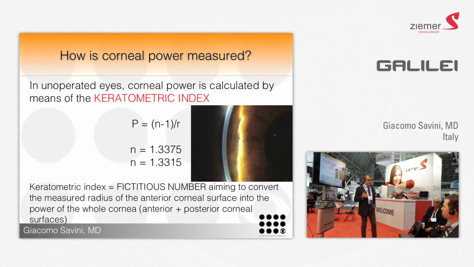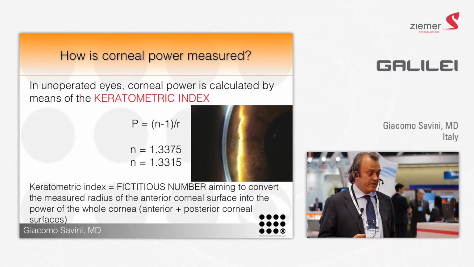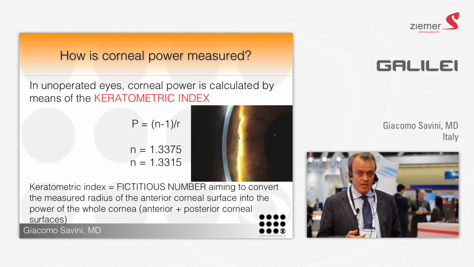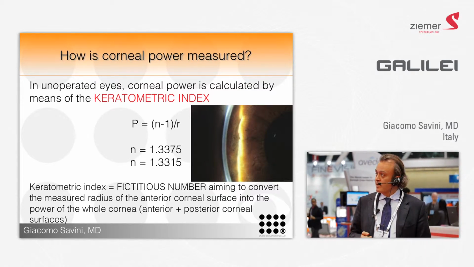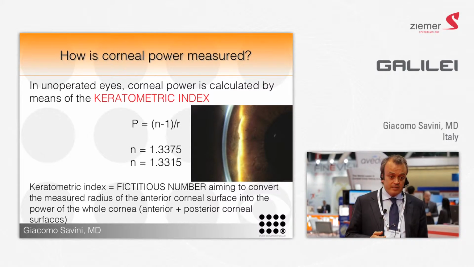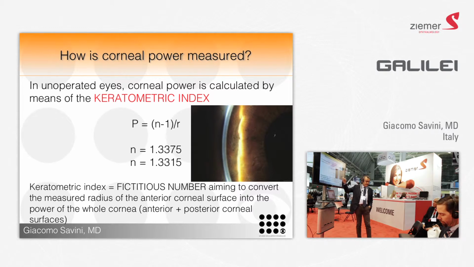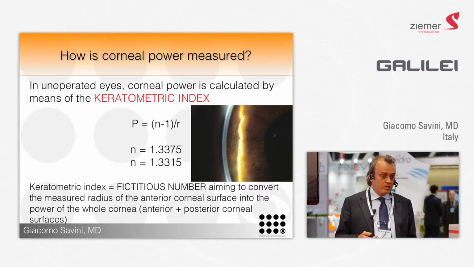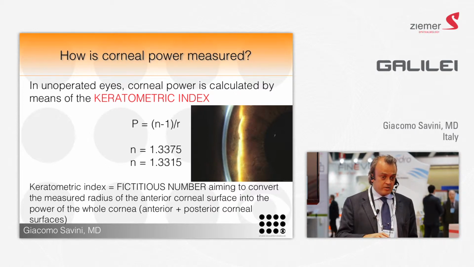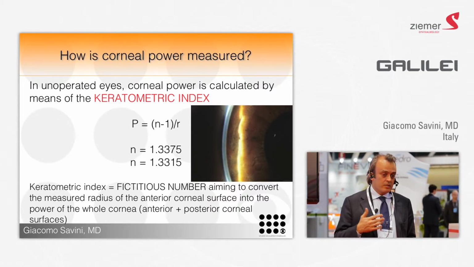How can we get the power? Usually in virgin unoperated eyes, we use the keratometric index, which is in most cases 1.375, to convert the radius of curvature of the anterior corneal surface into the power of the whole cornea.